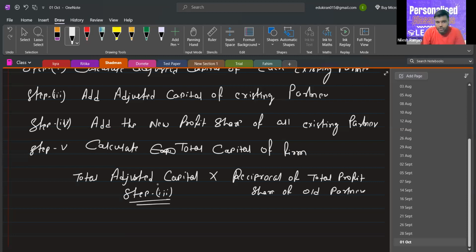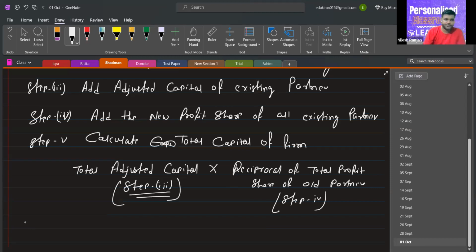We are taking the capital of old partners, that's why we are taking the profit share of old partners. This is step 4. So if the fraction is 1/3, we have to multiply it by 3/1.